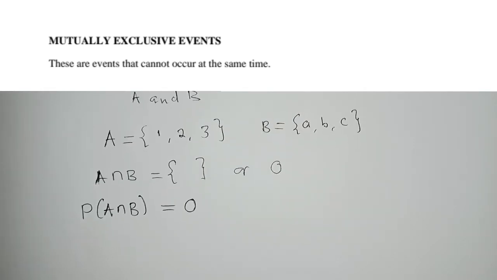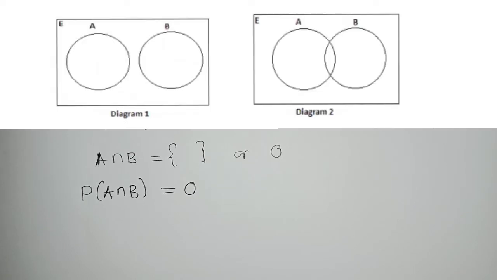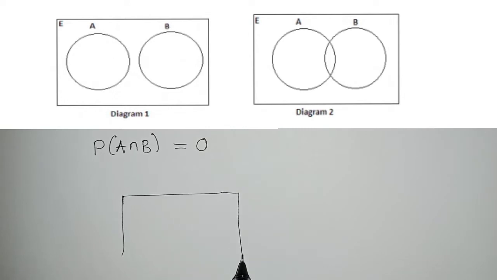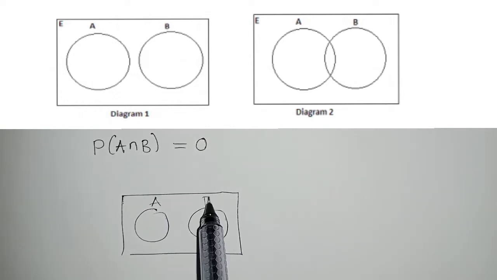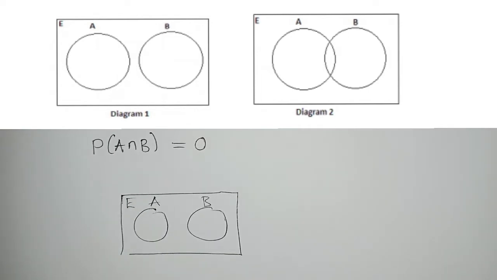using the Venn diagrams. So let's check. Can you see the Venn diagrams on top? Now, which one among the Venn diagrams can you say is mutually exclusive? Of course, the first one, the one with separate sets without an intersection.